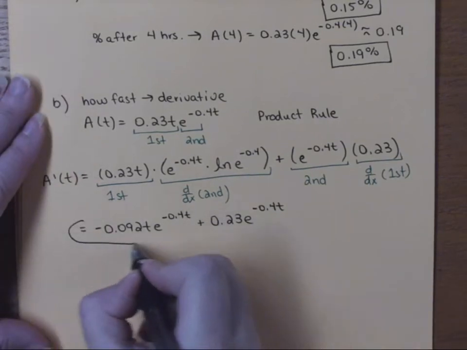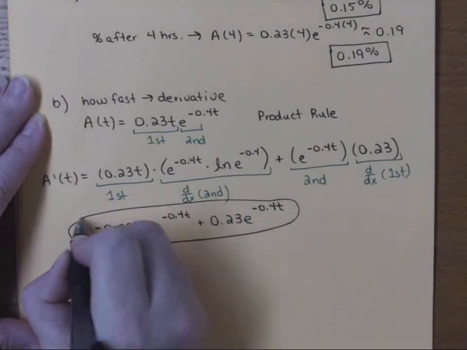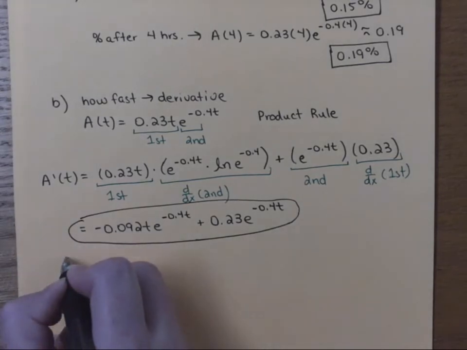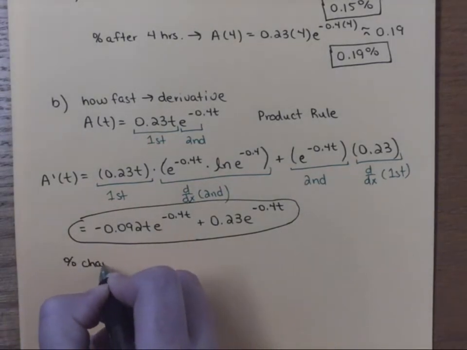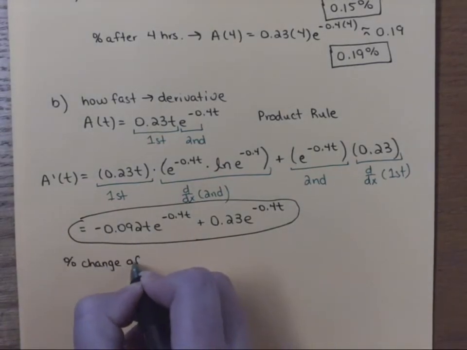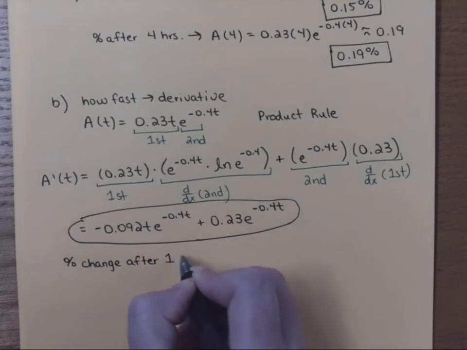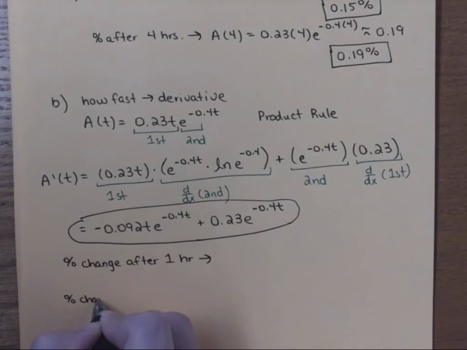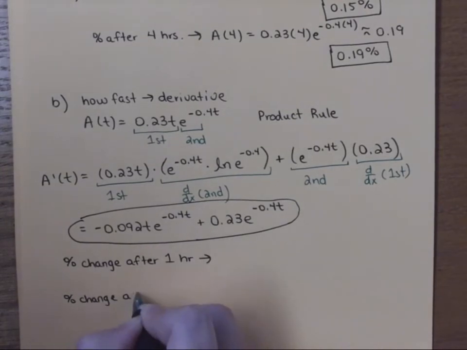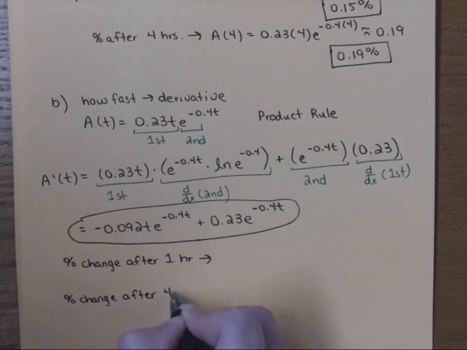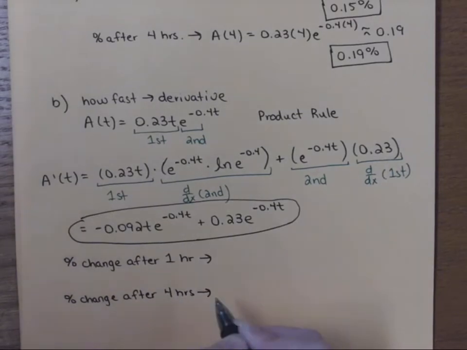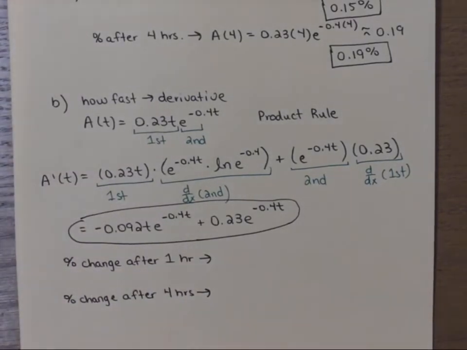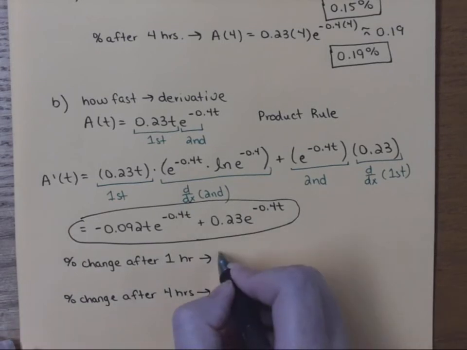Okay, so I'm going to circle this even though this isn't my answer, because this is how I'm going to tell the percentage change after an hour versus the percentage change after 4 hours. Remember, percentage change is how quickly the blood alcohol level or the percentage is increasing or decreasing.